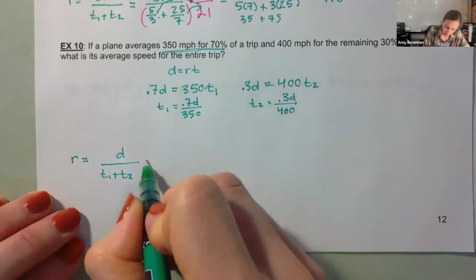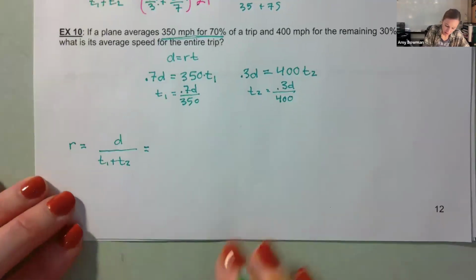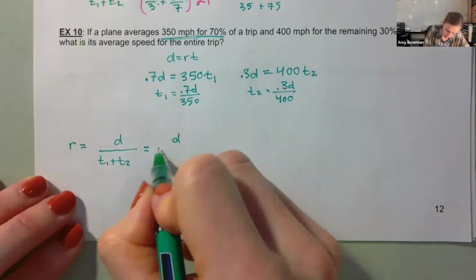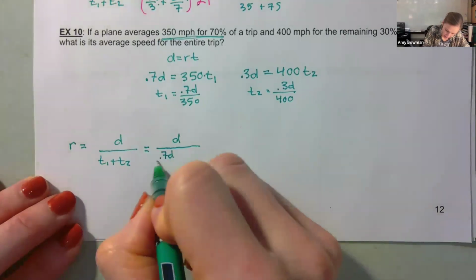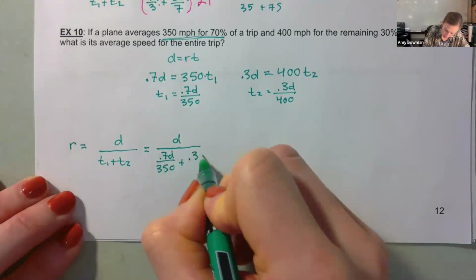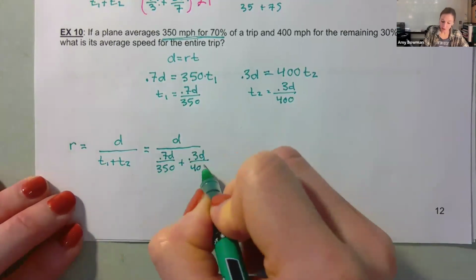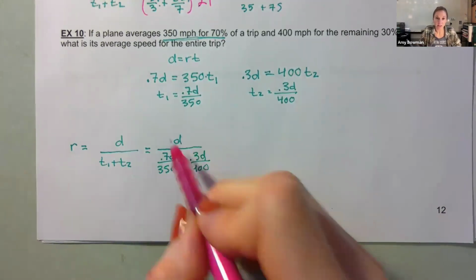So now we can plug those T1 and T2 into our average rate formula, distance D divided by 0.7 D over 350 plus 0.3 D over 400. This one looks a lot more like the very first example because of the distance in here.